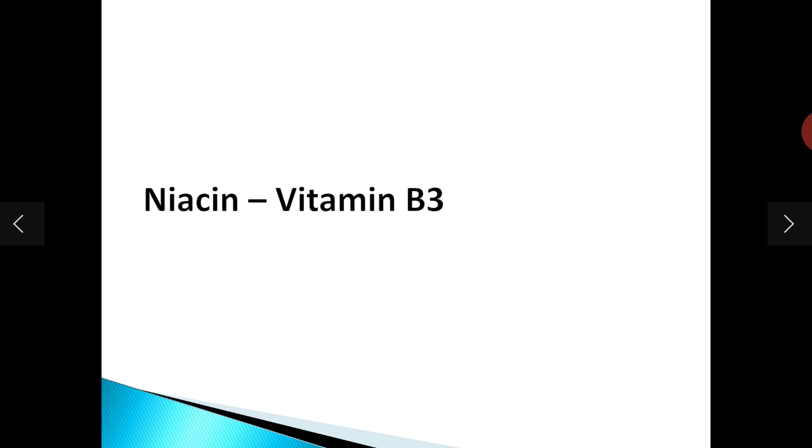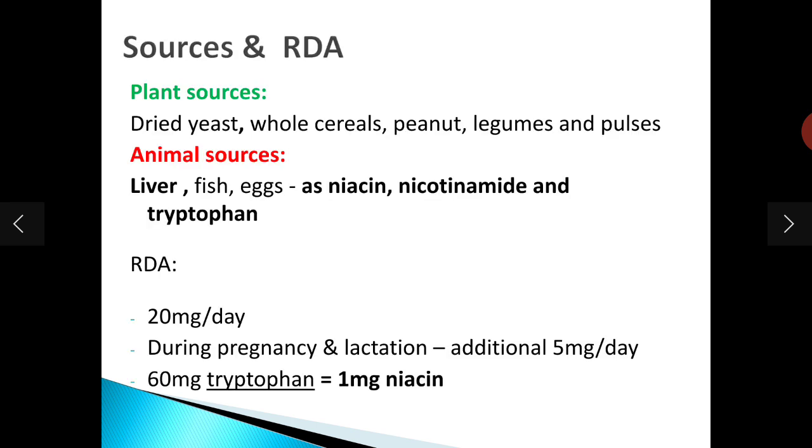Coming to vitamin B3, that is niacin. The sources and RDA: plant sources are dried yeast, whole cereals, peanut, legumes and pulses. Animal sources are liver, fish, eggs, which provide niacin, nicotinamide and tryptophan.